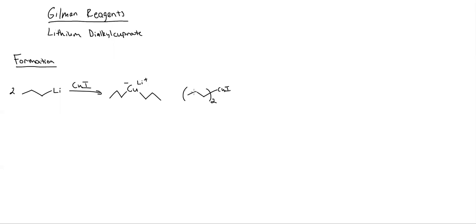So I have two of these 3-carbon groups connected to copper, all right? So I'm going to write it like that because that is the correct way to write it. So this is what I've actually made, okay? So that's it, all right?